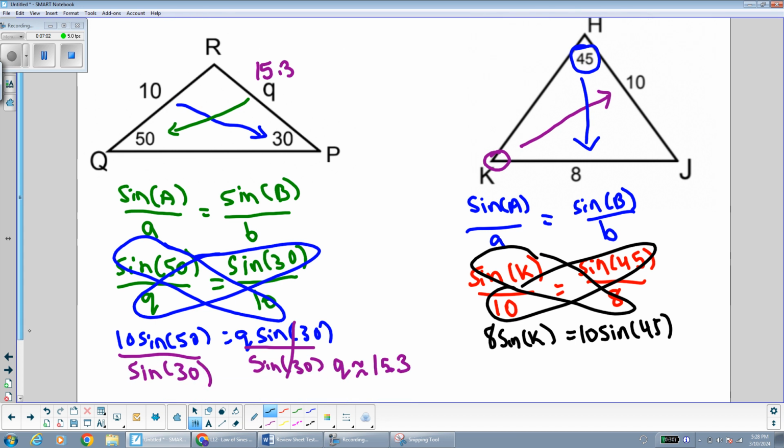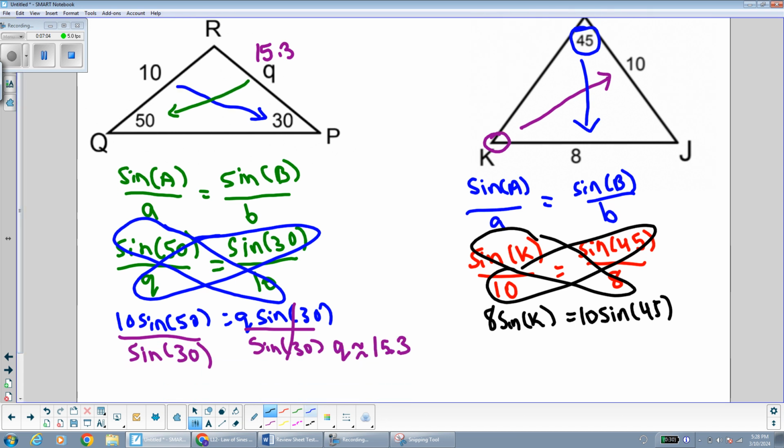Now my goal is to isolate angle K. So I'm going to start off by dividing both sides by 8. So sine of angle K is equal to 10 sine of 45 over 8. But now look how the K is trapped inside of the sine function.